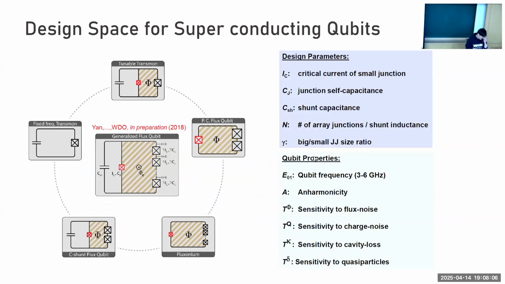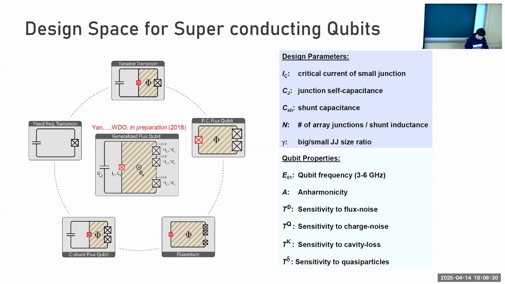I will explain these transmon qubits later. We can explain these five models with one model. We can model these qubits as just one junction here and many other junctions on the right side.